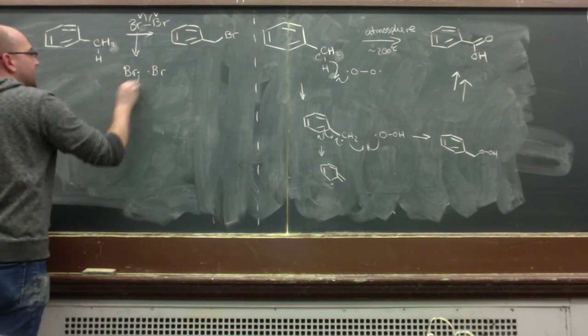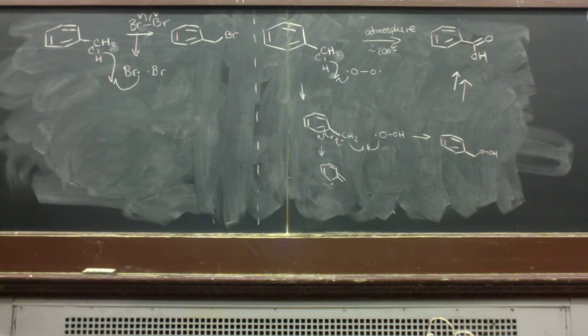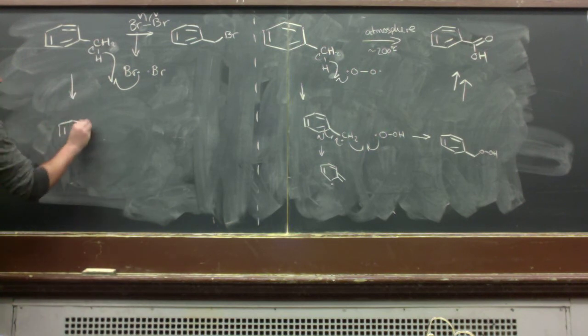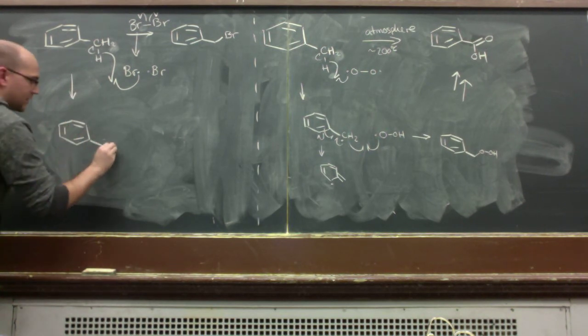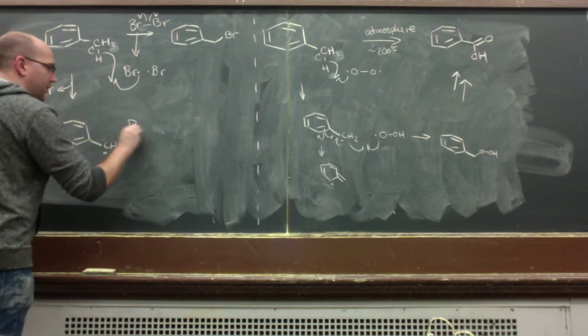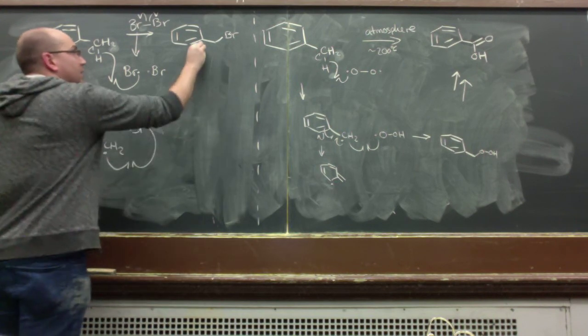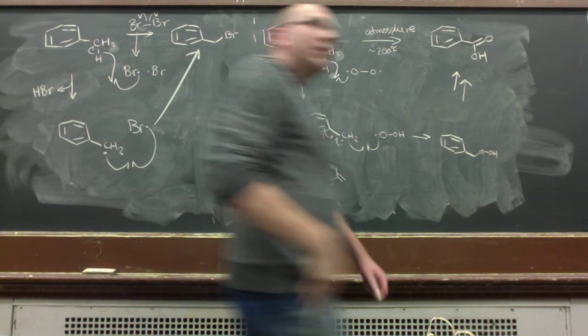And then what can happen is, again, because of the stability through resonance stabilization, you can now generate a toluene radical, okay? In this case, you're also generating HBr as a side product. And the leftover bromine radical then reacts to generate the benzyl bromide.